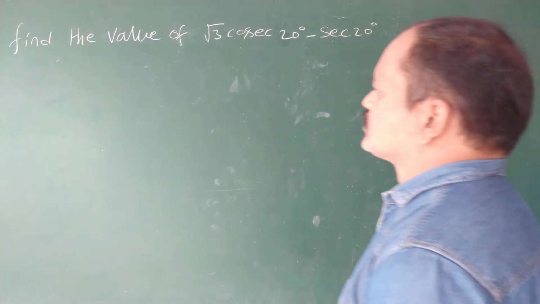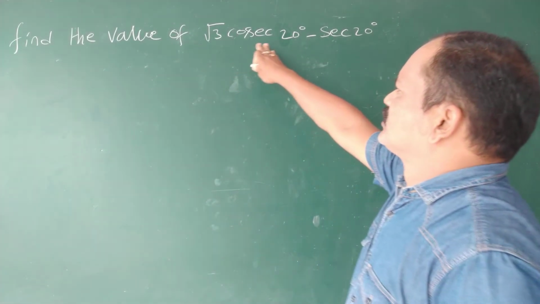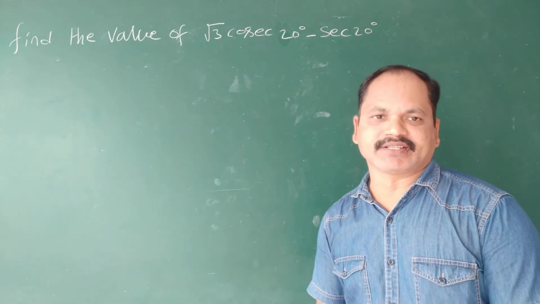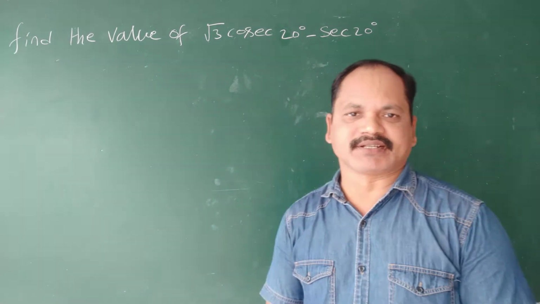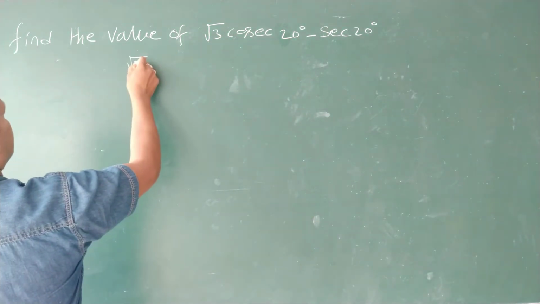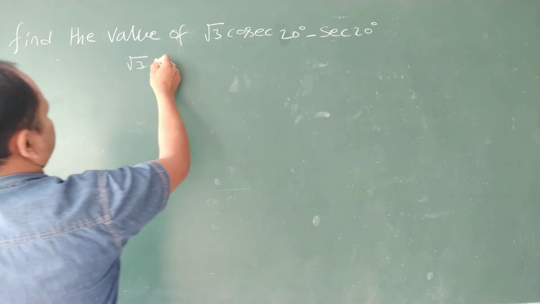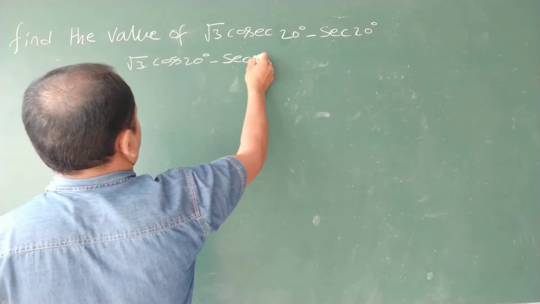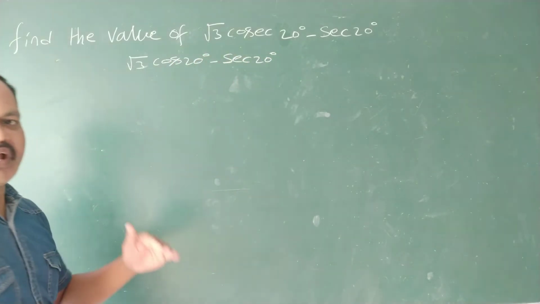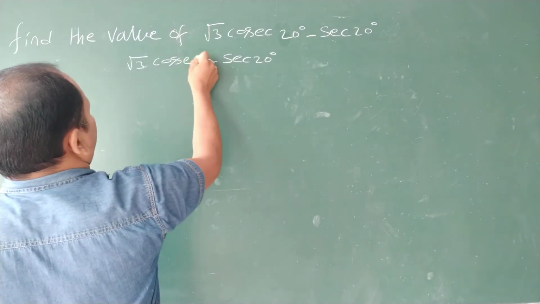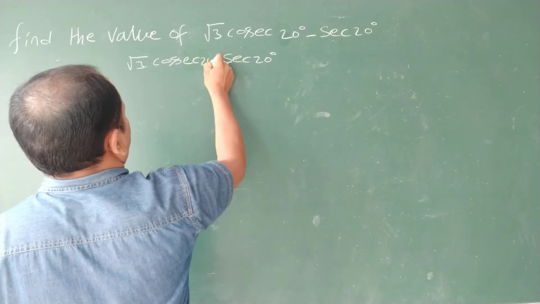Now, to find the value of root 3 cosecant 20 degrees minus secant 20 degrees. Now we have to identify this result. Now observe, take root 3 into cosecant 20 degrees minus secant 20 degrees. Actually cosecant 20 degrees is the reciprocal of sin 20.